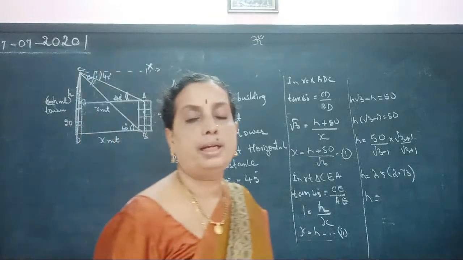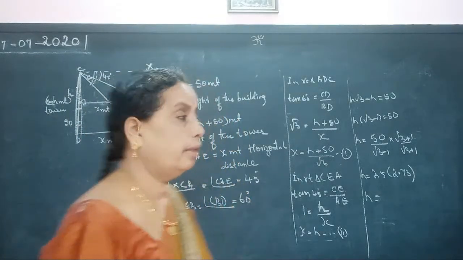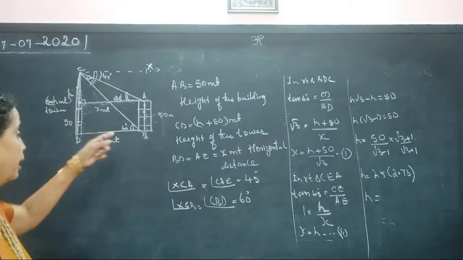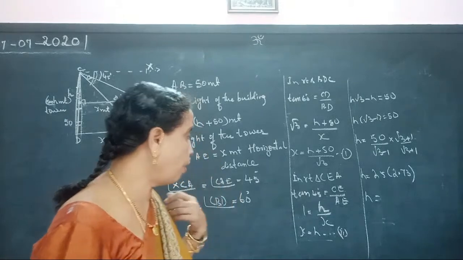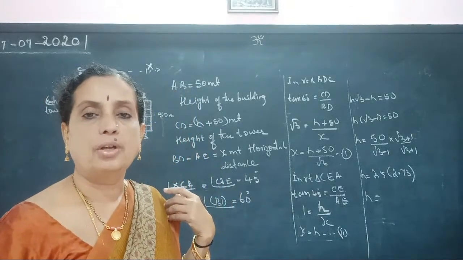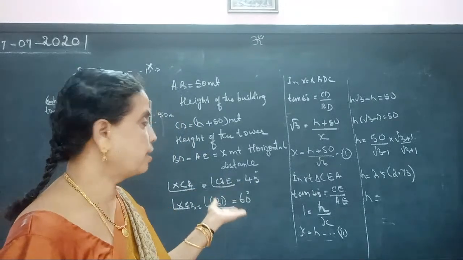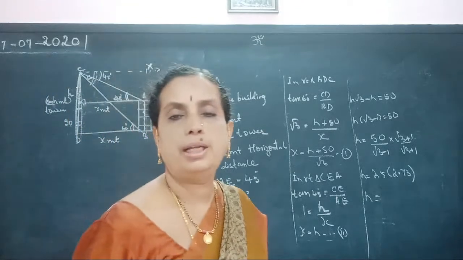From that height, if they observe the top and bottom of a building, they found 45 degree and 60 degree. Sometimes they will ask what is the horizontal distance. Since here h is equal to x, you have to write x also; the horizontal distance is the same. Is it clear?